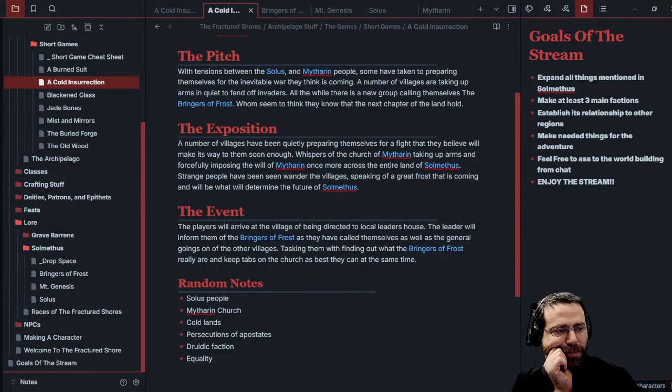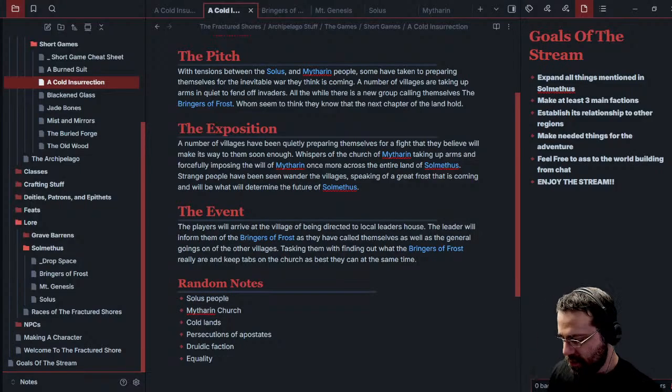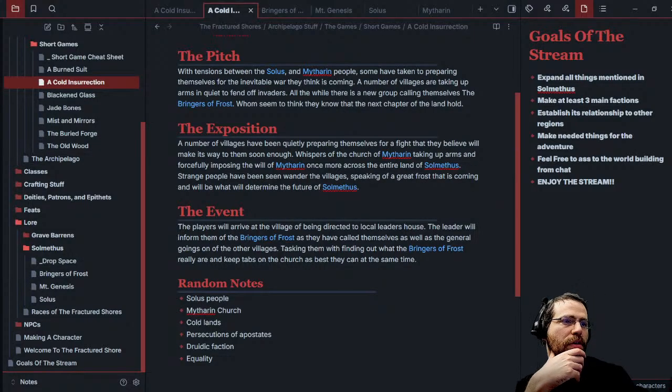What if we went something a little bit more like... Northern, let's just look at Europe town generators. West Europe, East Europe. What if we went Eastern Europe? What kind of name generation is that going to give me?